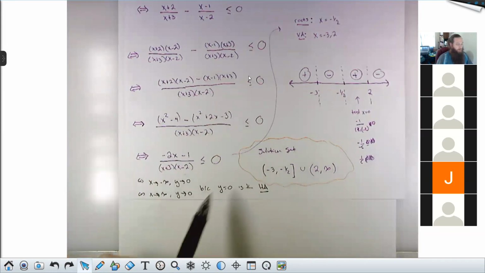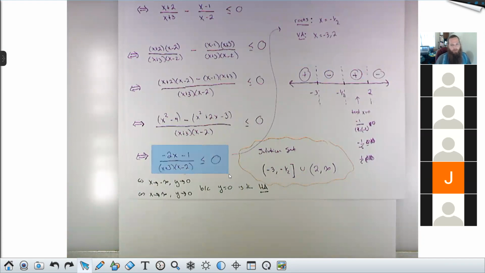If you have a horizontal asymptote like 2 or 5, something positive, then you could say it's got to be positive on both far ends. But 0 is neither positive nor negative. So this is the one case where you can't use the end behavior to help. With a rational function, the end behavior is the horizontal asymptote.